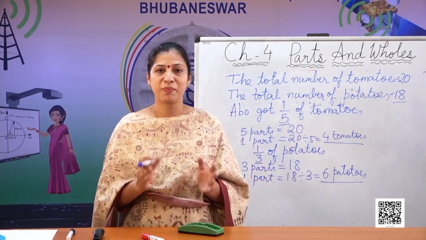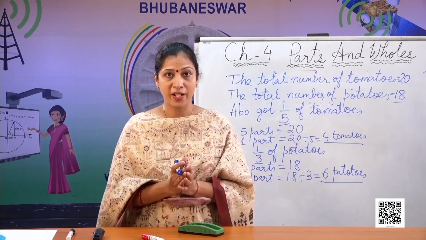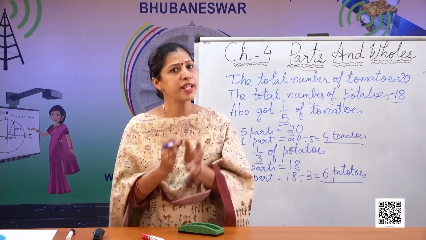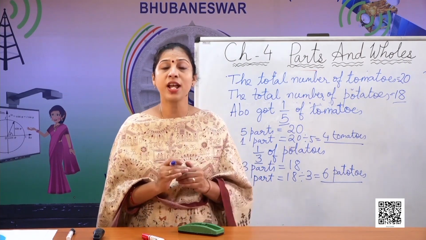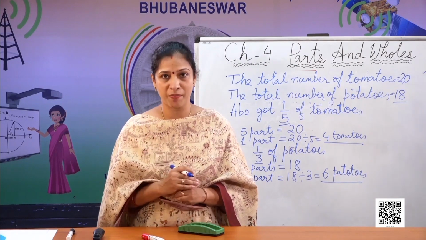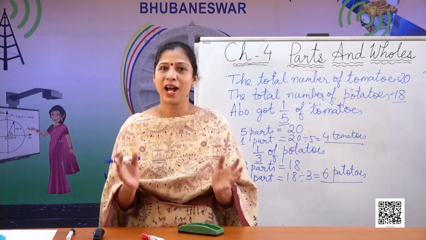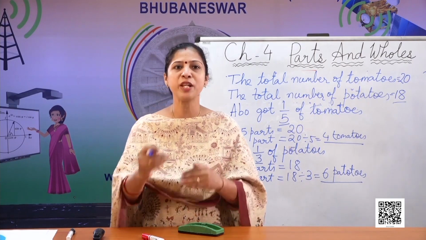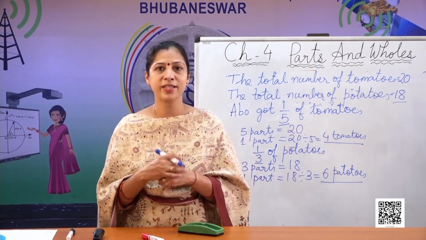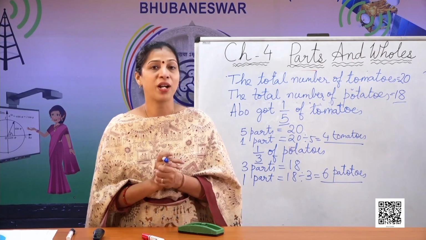And also for the potatoes, first you have to divide the potatoes into 6 equal parts because Srija is getting 3/6 of the potatoes. So divide the potatoes into 6 equal parts, then find out the 3 parts Srija is getting. And after that, what can we do?